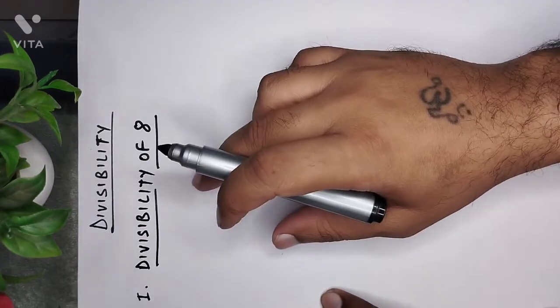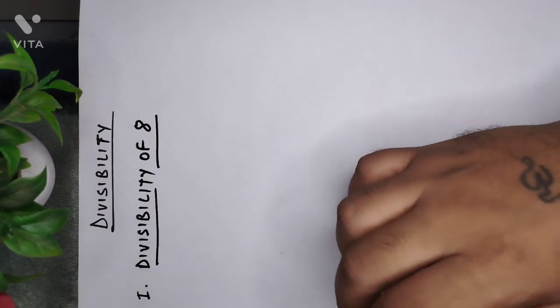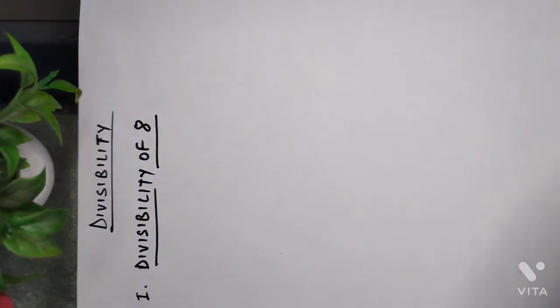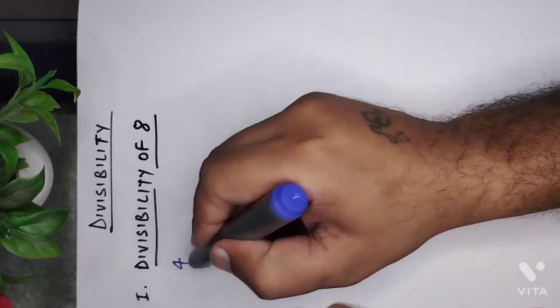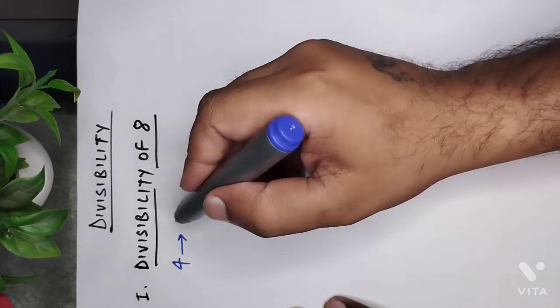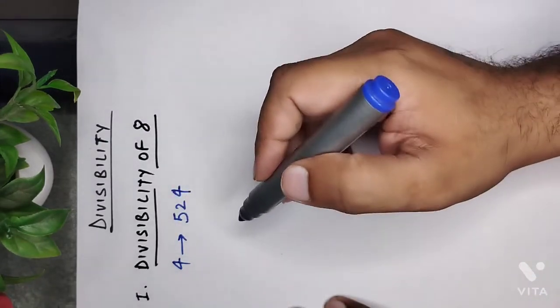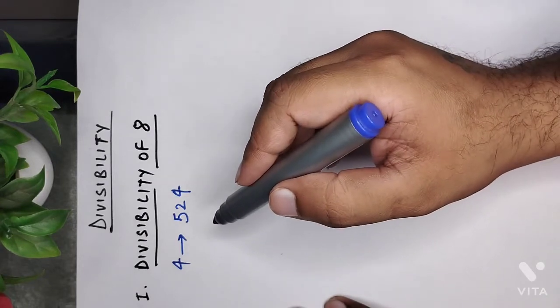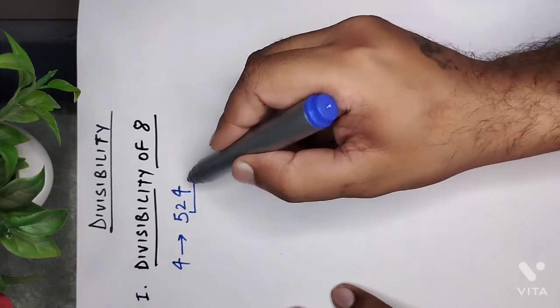Before 8 you need to understand the divisibility of 4, like what criteria is there if you have to check whether any number is divisible by 4 or not. For example, if I am writing any number, let us say the number is 524, and if I have to check whether this number is divisible by 4 or not, we just have to check the last two digits.